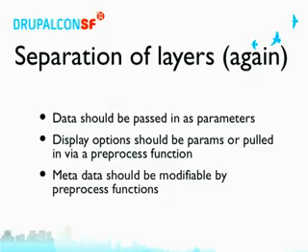Those should also be passed in as parameters, or you should create them inside your template_preprocess_whatever function. Metadata is the same thing. Metadata should always be modifiable by other modules or the theme's preprocess functions, because themes also get their own set of preprocess functions. So you should try to make most of your data modifiable by preprocess functions.